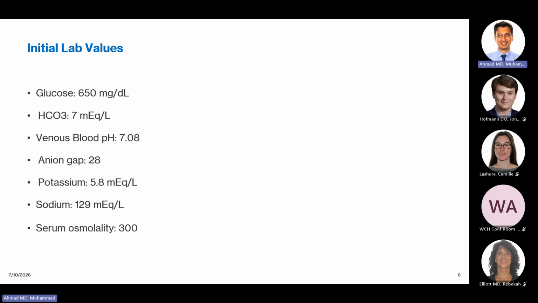Just want to know, do you guys know the normal value of anion gap? Less than 12, most of the time 3 to 12. Okay. And the normal value of bicarb? Yes, good. And potassium? 3.5 to 5.5. Okay. And serum osmolality?